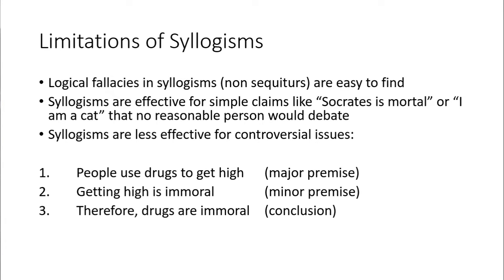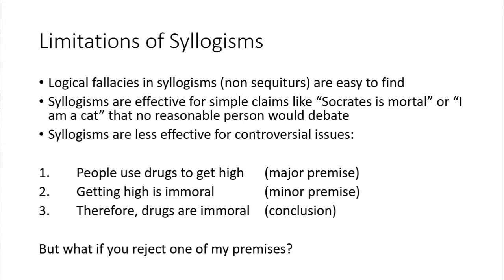This is one example of one of these claims. People use drugs to get high. Getting high is immoral, therefore drugs are immoral. In this case, the logic works. There's no fallacy here. The issue is that it's possible to disagree with one of these premises. Some people, for example, might believe that getting high is not immoral.